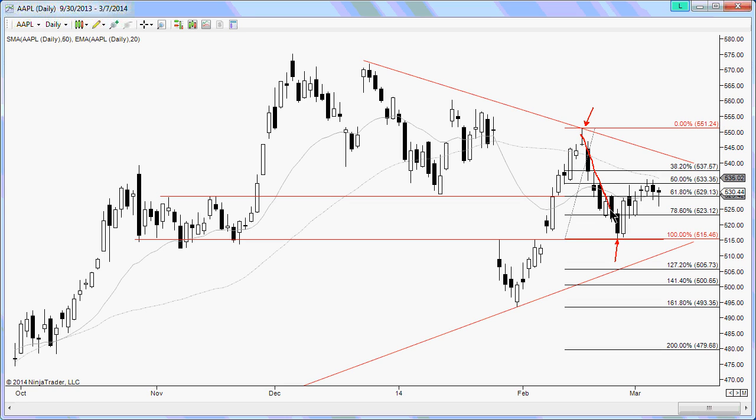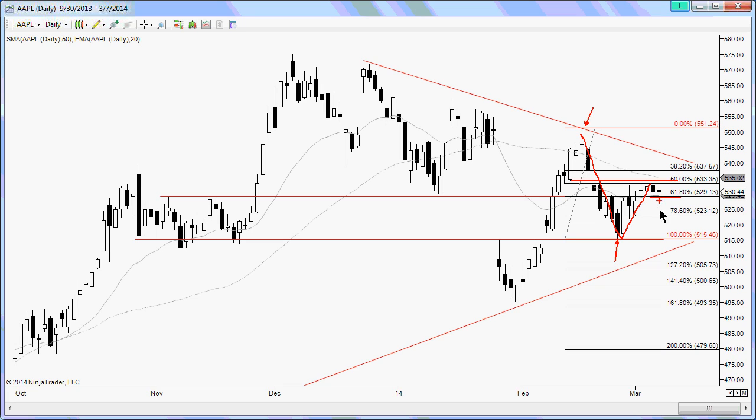It came down and it came back up, and now I'm betting it's going to go down. Now, why am I betting it's going to go down? Well, you look at this. It came up to this 50% point, which gave Apple a little bit of resistance here, and it bounced back. And right now it's hovering at this 618.